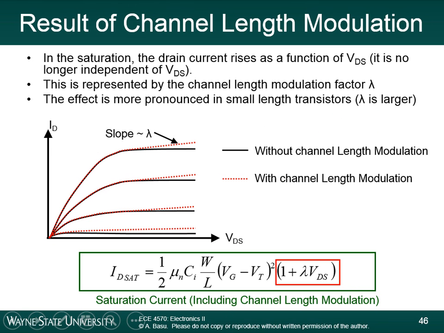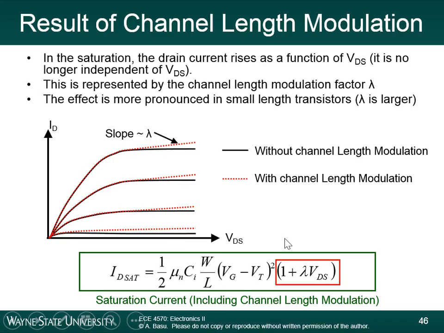This is the result of channel length modulation, and this is stuff you've hopefully seen before. And if not, no problem. In the saturation region, we had said that because of the pinch-off effect, the drain current rises. Let's do this black line first.